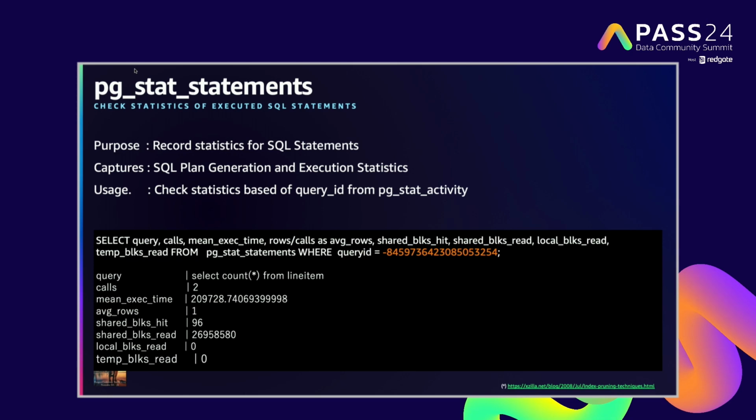For example, per SQL statement, it can give you statistics like how much was the plan time, what was the average plan time, what was the maximum plan time, how many times did it execute? When did it execute first? What is the average and max times for executions? How many rows did it actually return? All that kind of information can be gotten from pg_stat_statements.